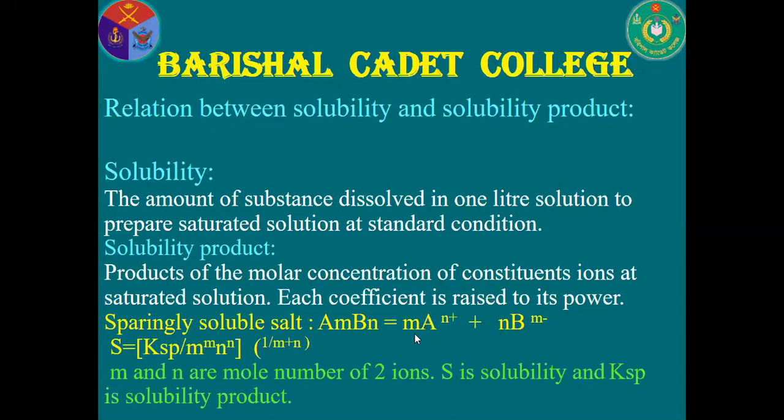So if the solubility is S, then Ksp is S into (3S) to the power 3, so 27 S to the power 4 equals the solubility product. Then we need to find the value of S. S is the solubility. By this way, you can solve mathematical problems related to solubility and solubility product by using this formula.